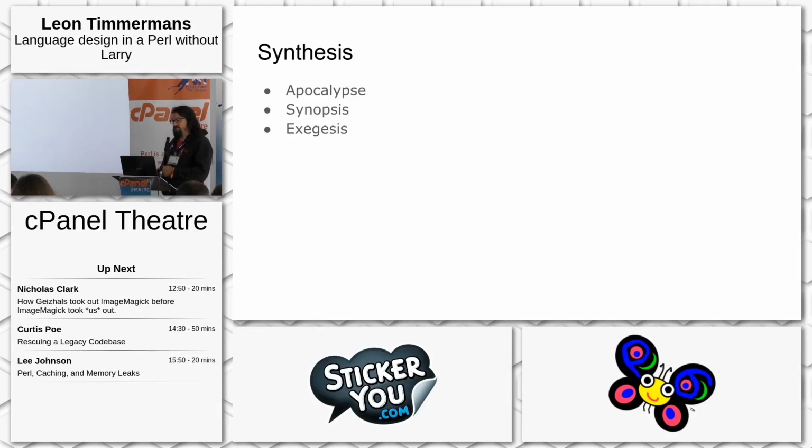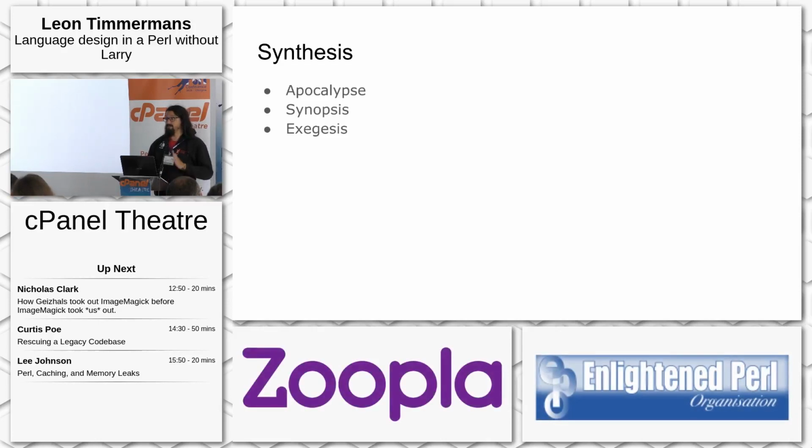Then he wrote the synopsis, which is essentially a proper language description without the entire context of the RFCs. And then there were the exegesis, which is just another word for an explanation. I think Damian wrote them. This was an entirely new process for Perl, and this was an enormous volume of requests for changes.